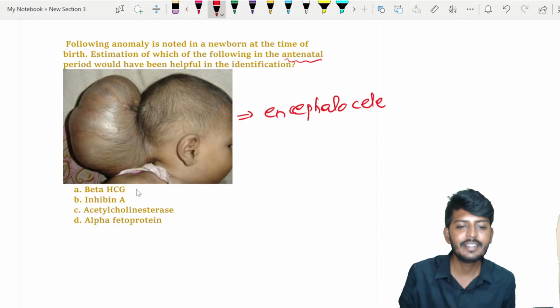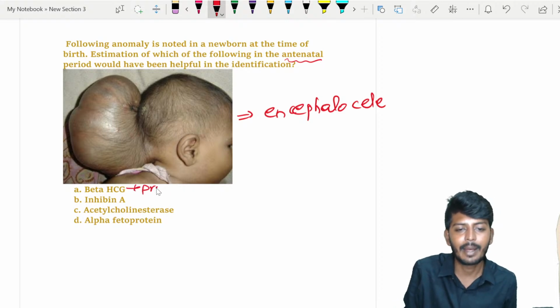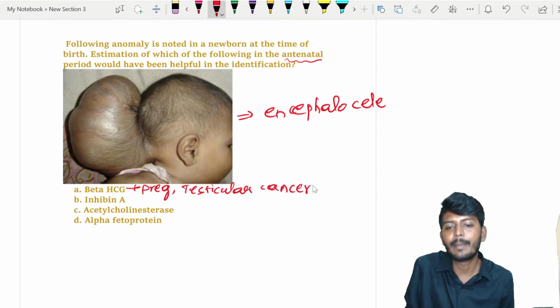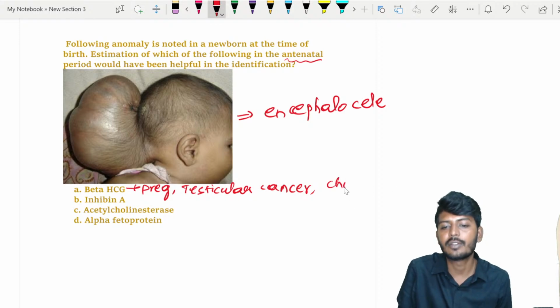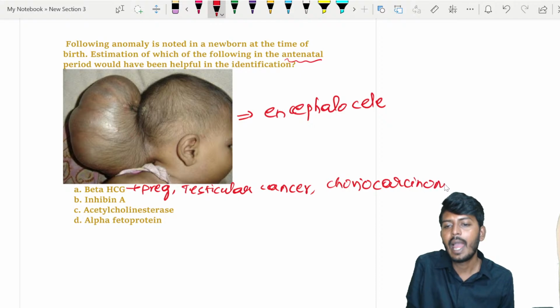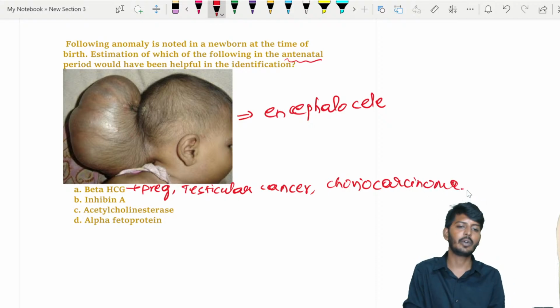So beta HCG is a marker of pregnancy, and also a marker of testicular cancer, and also a marker of choriocarcinoma. Which is the one we are going to use?